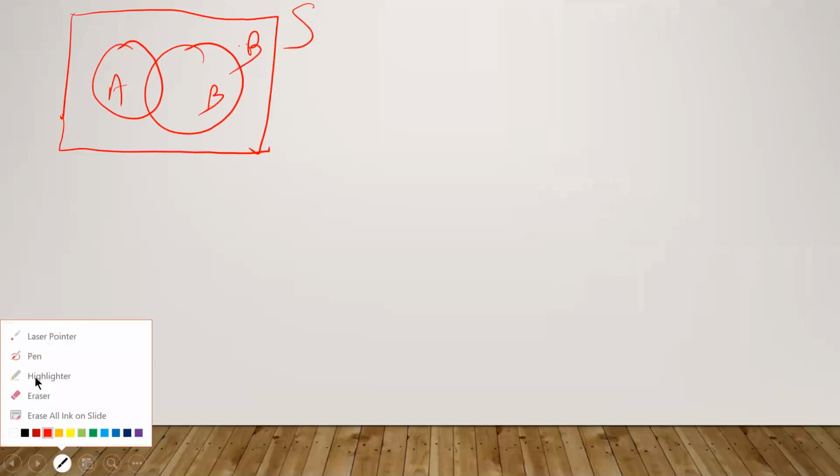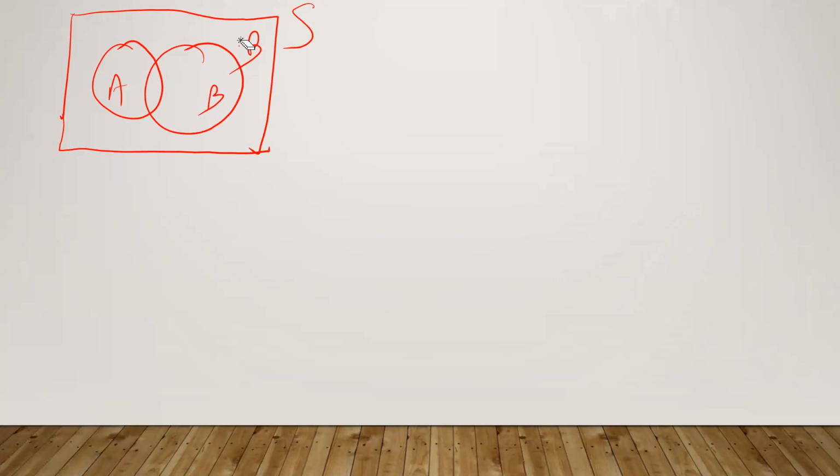Now, if I want to count the number of members in A union B, what is A union B? It is either in A or in B. So this much is my A union B. If I want to count the number of members in A union B, look at the diagram.